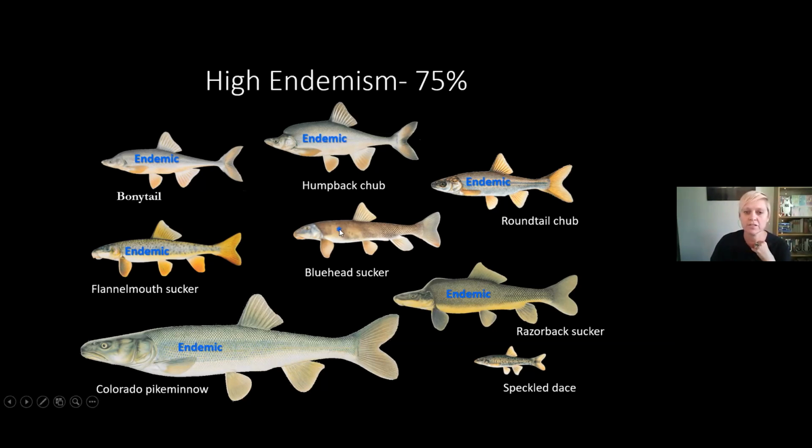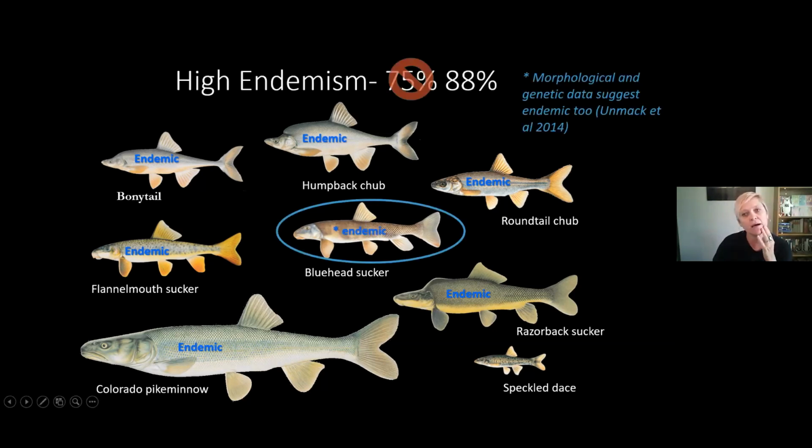There's a little star here on the bluehead sucker because there were some morphological and genetic studies done kind of recently that really separated our blueheads out from some of the others. So now they are thought to be endemic also to the Grand Canyon, Colorado River Basin anyway.